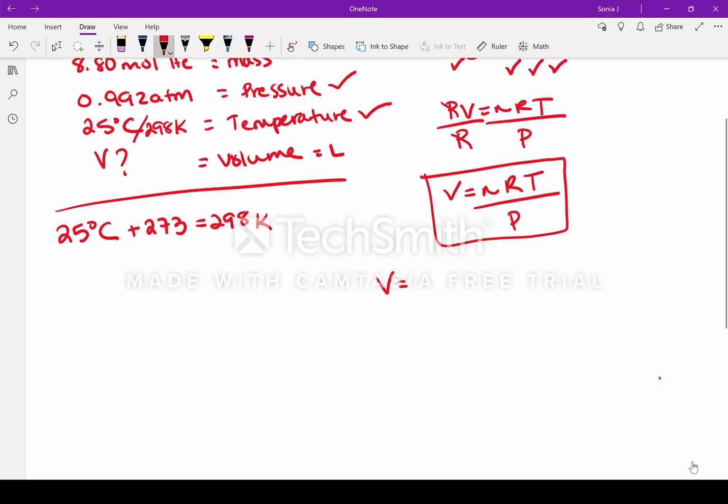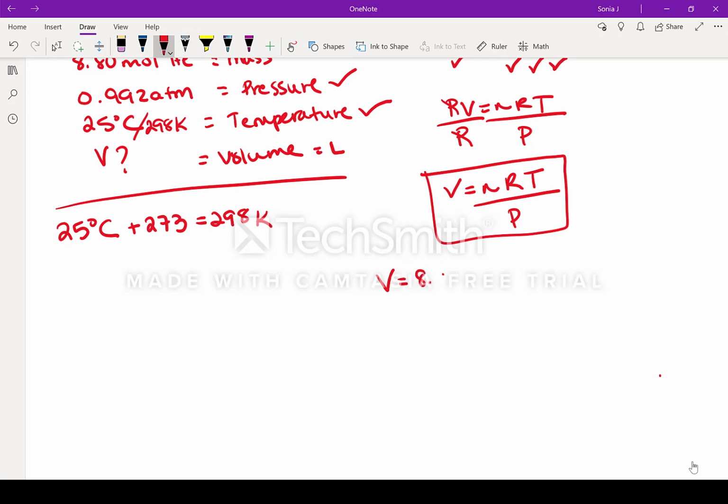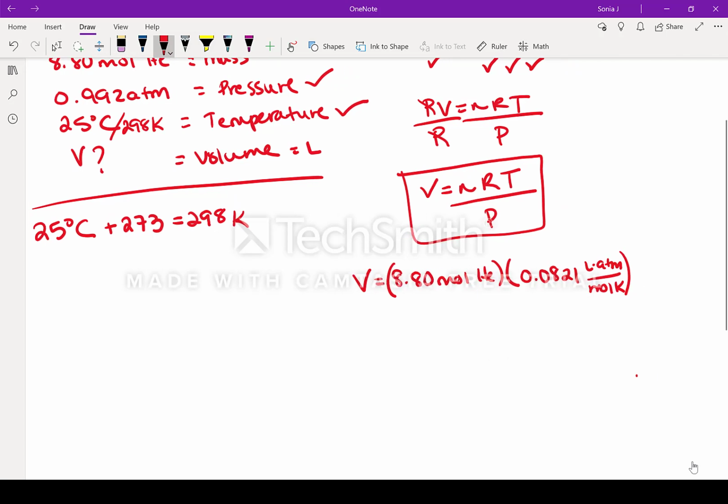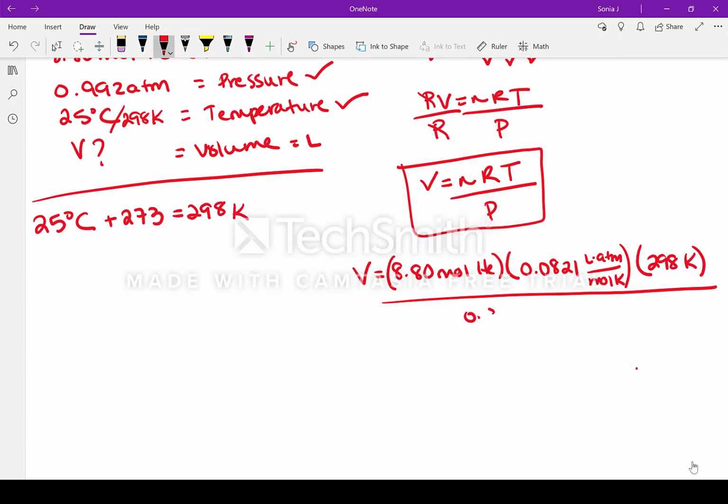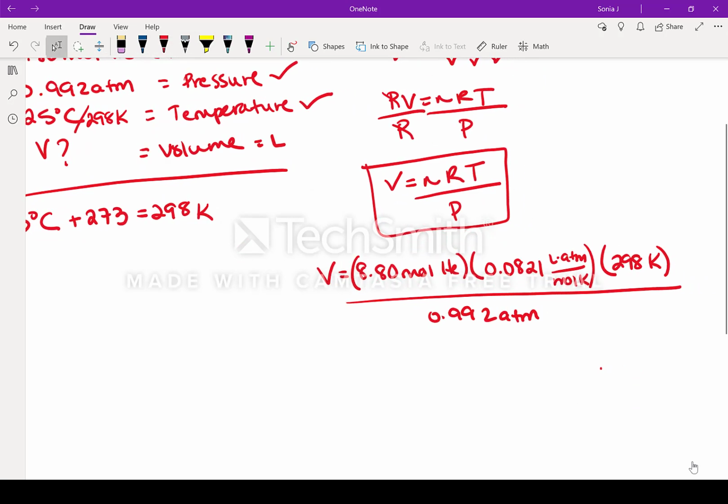Our n, which is our moles that we were given in the question, our R, which is a constant, and our T, which is our Kelvin that we just converted, all over pressure, which was also given to us, and then we just solve the equation.